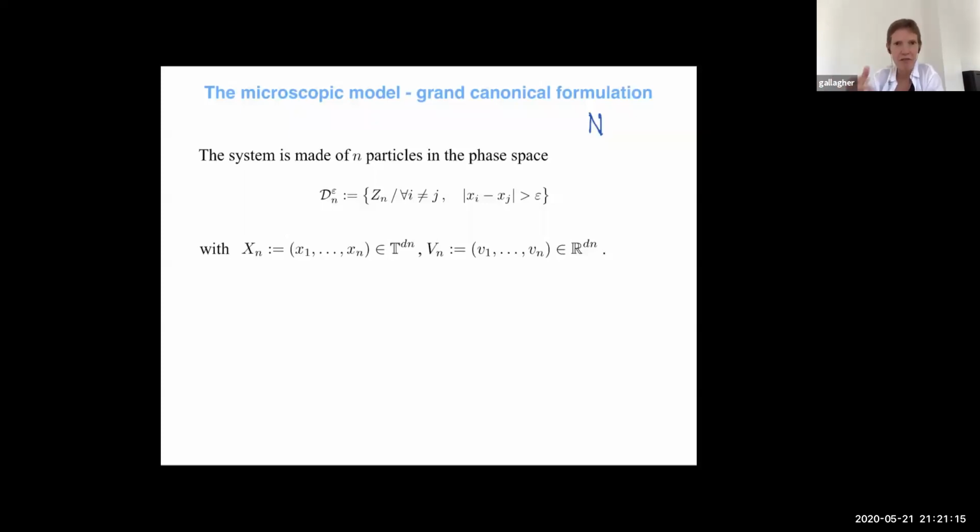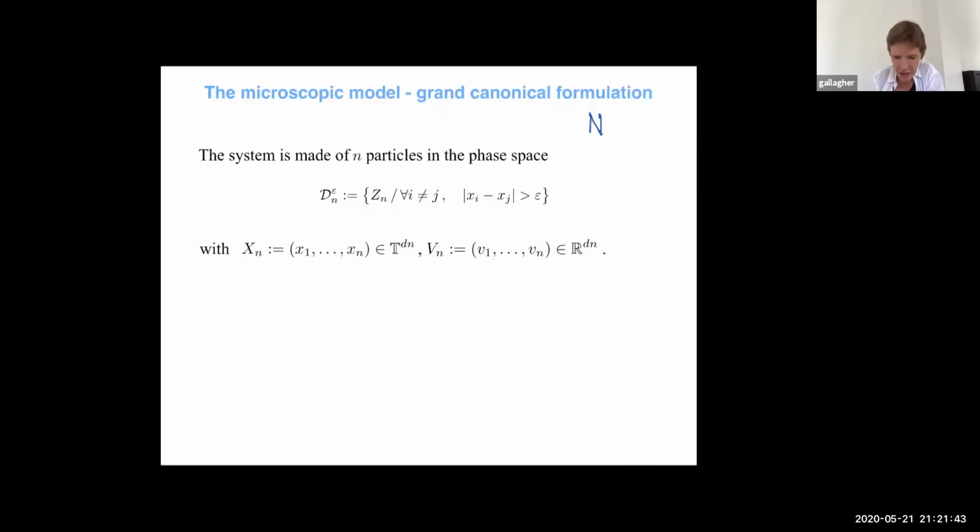So assuming that I look at a special type of system where I have n particles, small n, which I don't know, then they all live in this phase space here, which is the particles with coordinates xn. So capital Xn is a collection of all centers of my particles in the dn-dimensional torus. And Vn is a collection of all velocities, and they're in the whole space, R^(dn).